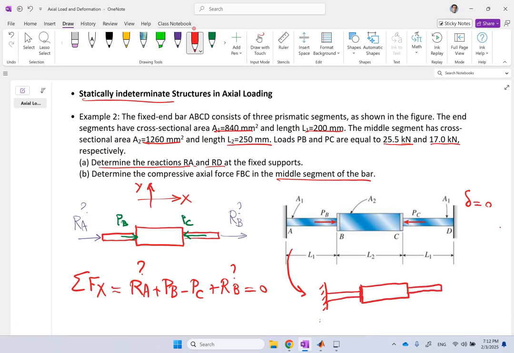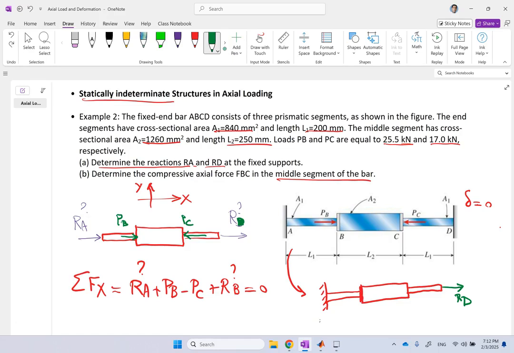We take the support away, but instead of the support at D, we put the effect of it, which is R of D. By the way, this is R of D, not B. Okay, this is point D. So we show it like this. This has the same effect. We took away the support, but showed the effect of it. But this left side, we kept it fixed.